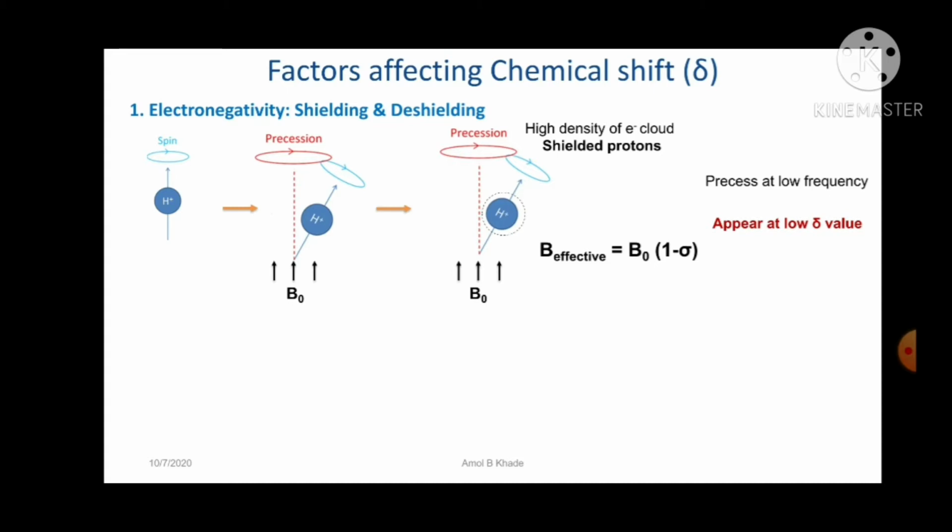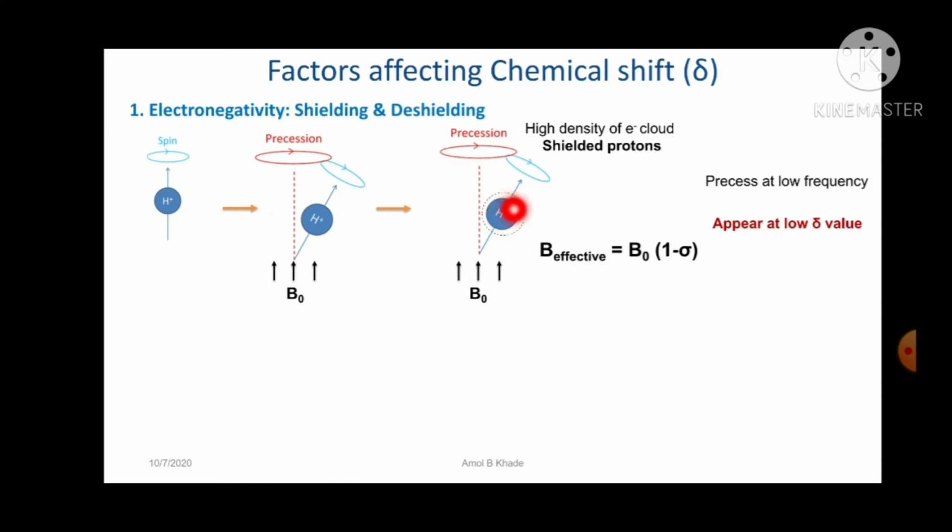So what happens if the electron cloud surrounding the nucleus is highly dense, and this electron cloud has generated its own magnetic field which is diamagnetic, opposing the applied magnetic field B0? They will protect or shield the nucleus of the proton from the influence of this external magnetic field. That's why they are called shielded protons. Because of that, B0 is precessing these nuclei at a lower frequency.